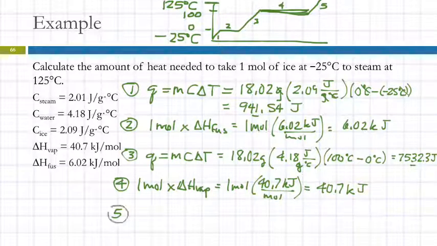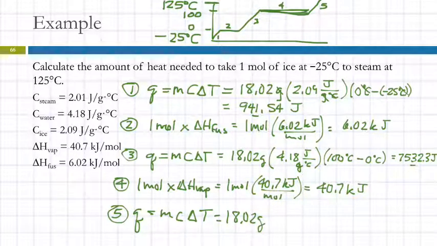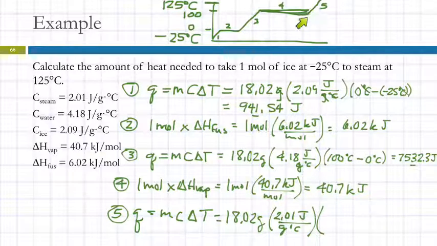And then there's one more, the steam heating up. And so there we've got Q equals mc delta T. 18.02 grams. Now we're using the heat capacity for steam, 2.01 joules per gram degree Celsius. And the temperature change for this line, it starts at 100 and goes to 125.